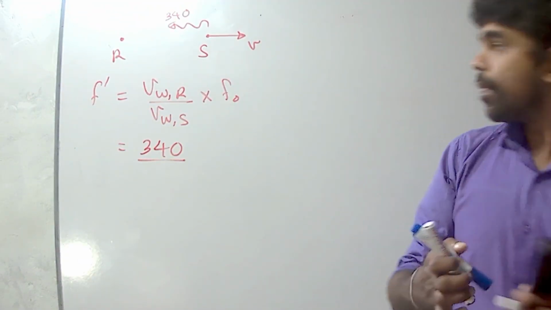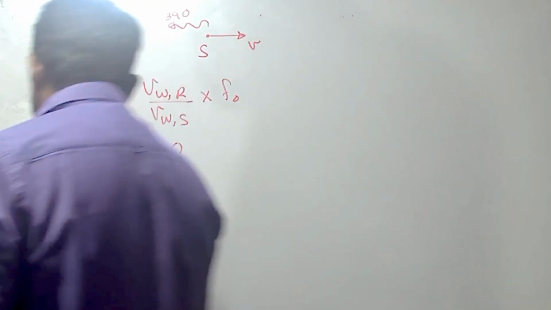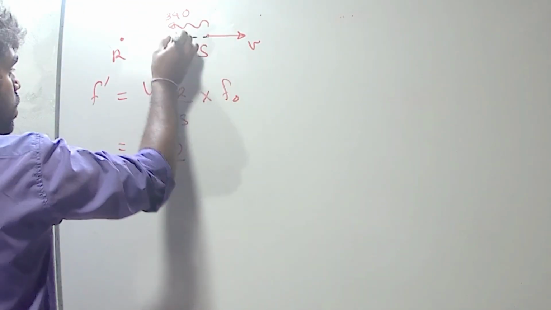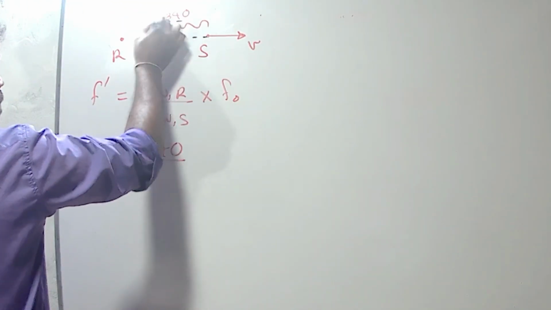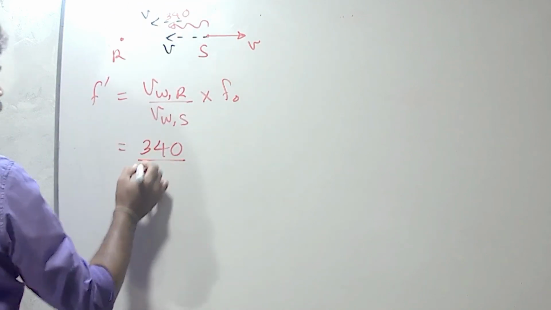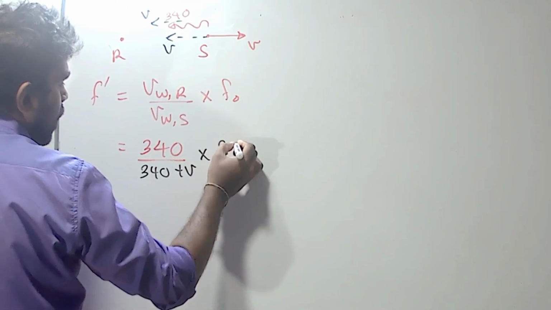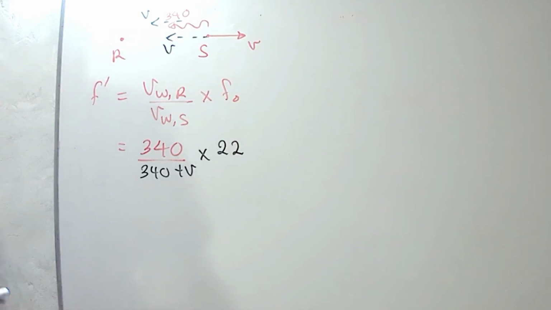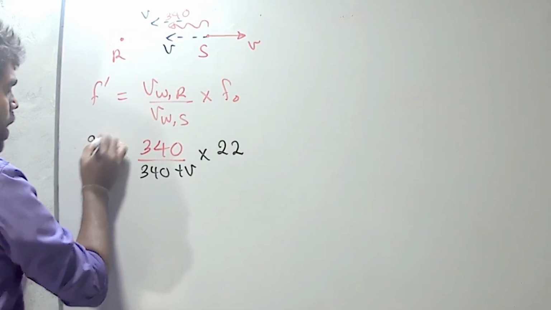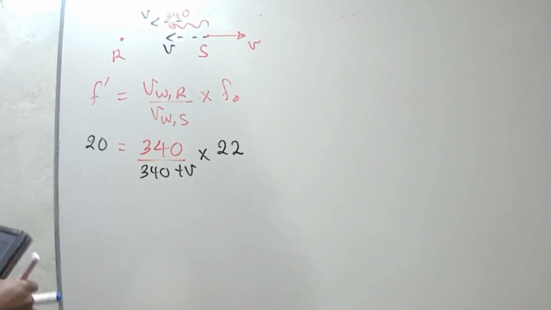Therefore, we have to give an opposite velocity to the source and we have to do the same thing for the wave. 340 plus v multiplied by the real frequency 22 kilohertz. The apparent frequency should be 20. Then we can simplify it.